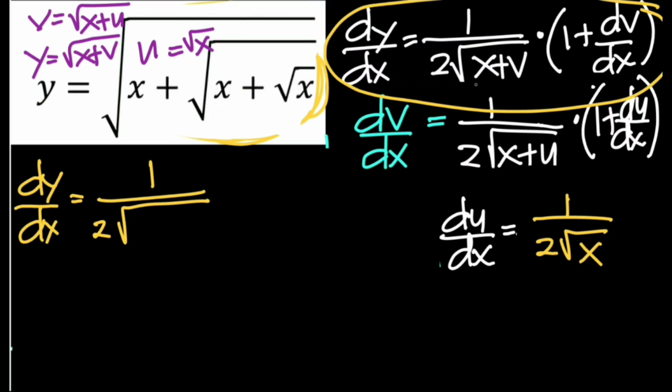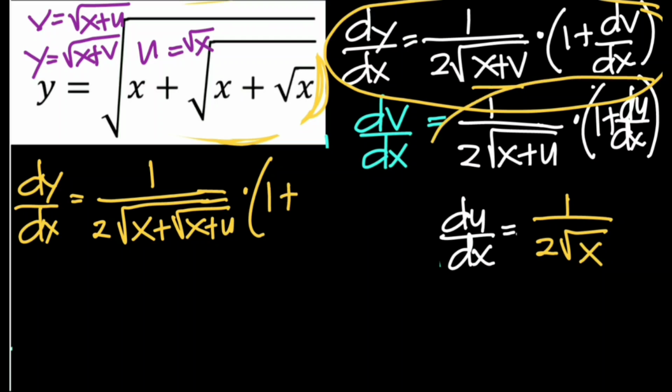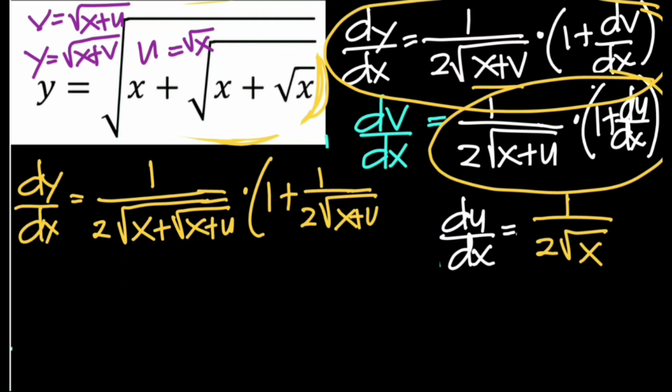So we have here 2 times the square root of x plus v, which is just the square root of x plus u, times 1 plus dv over dx. dv over dx is 1 over 2 square root of x plus u times 1 plus du over dx.